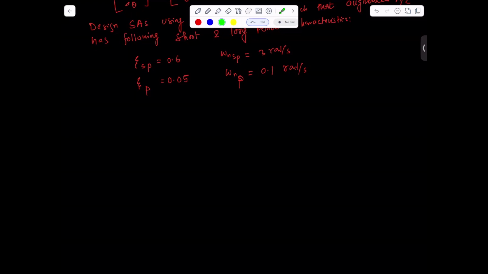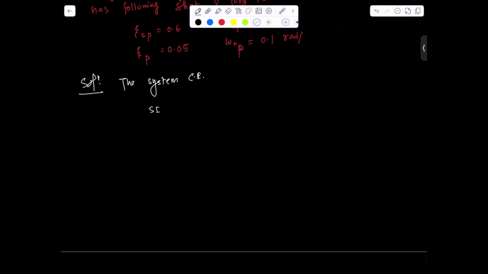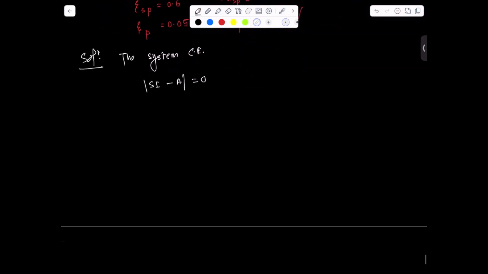We can find the system characteristic equation from the determinant of sI minus A equal to 0.